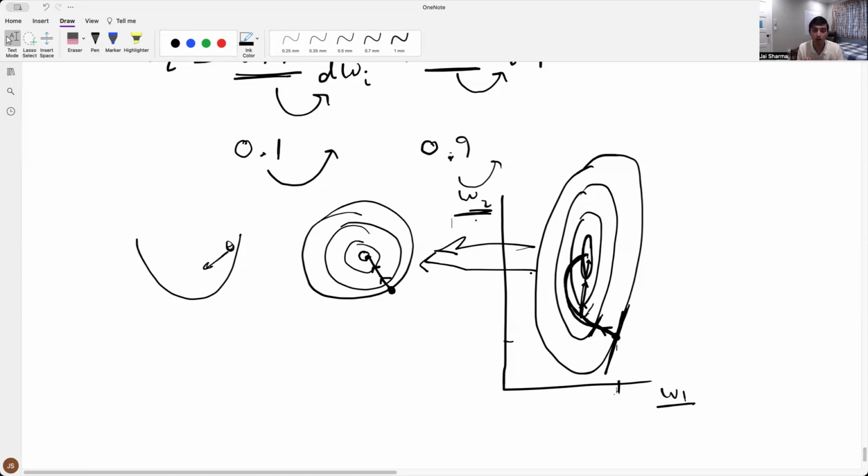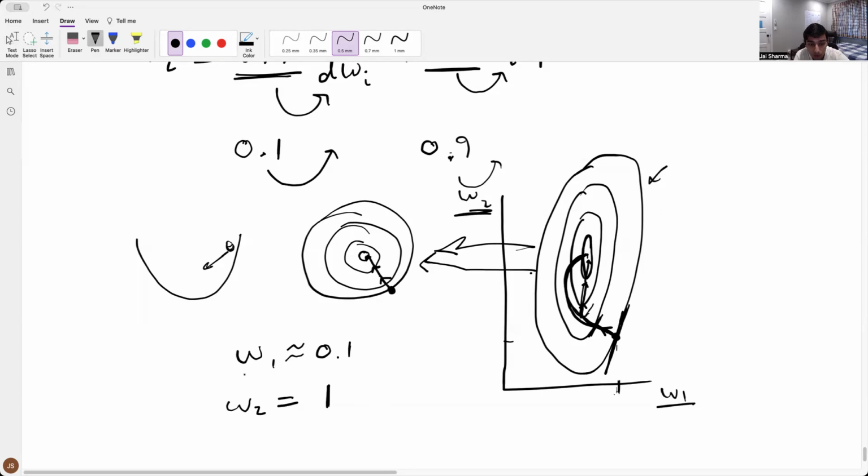W1 might be on the magnitude of 0.1, and let's say W2 is on the magnitude of 1, meaning it's approximately 10 times bigger than W1, right? And that's why this elongated oval thing is happening, right?